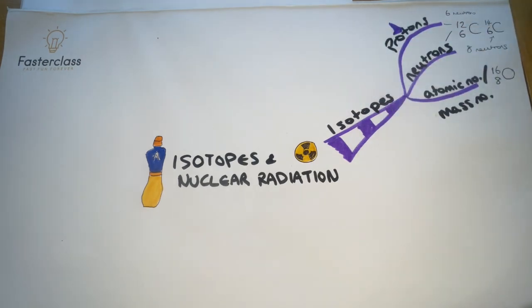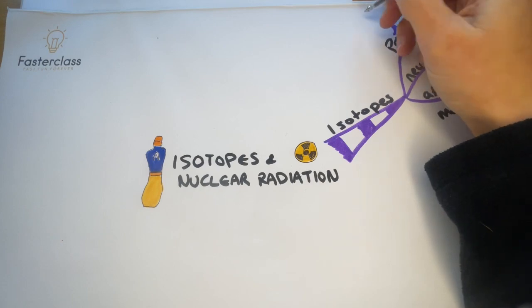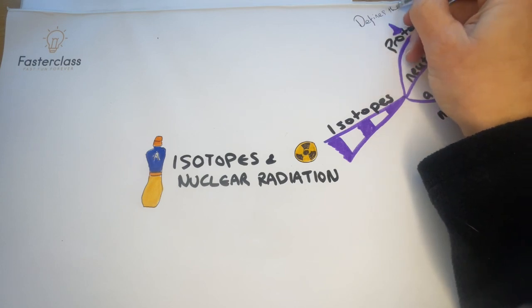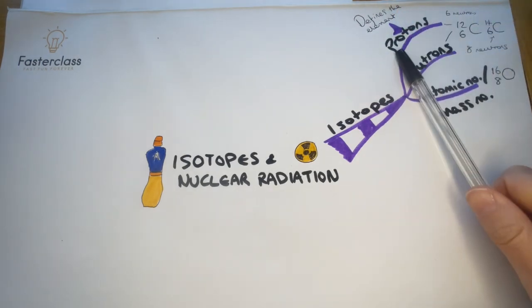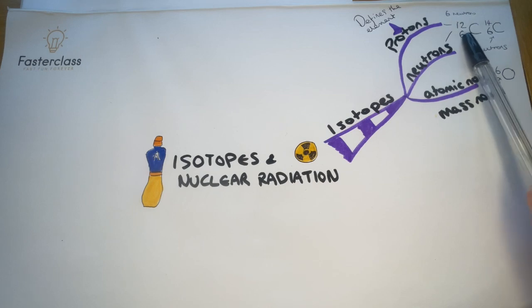Oh, it looks like it's got a hat on. Okay, try not to make yours look like it's got a hat on. Defines the element. So this is the bit that defines the element. So if it's got 6, the atomic number 6, we know it's always carbon.